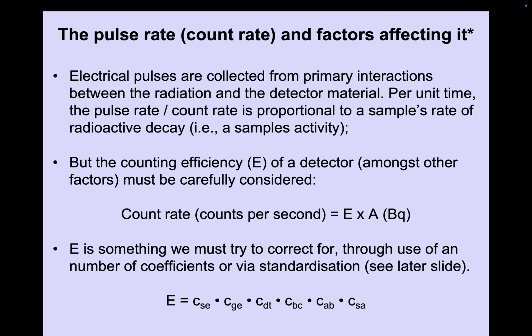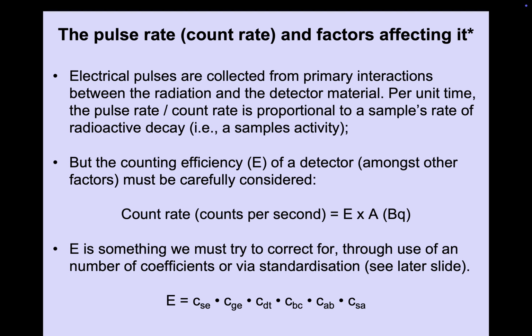And we collect that information per unit time, and the pulse rate or the count rate is going to be directly proportional to the sample's rate of radioactive decay. So the pulse rate tells us about the activity of the radionuclides in a sample, or the radionuclide in a sample if it's a very simple substrate that we're measuring.